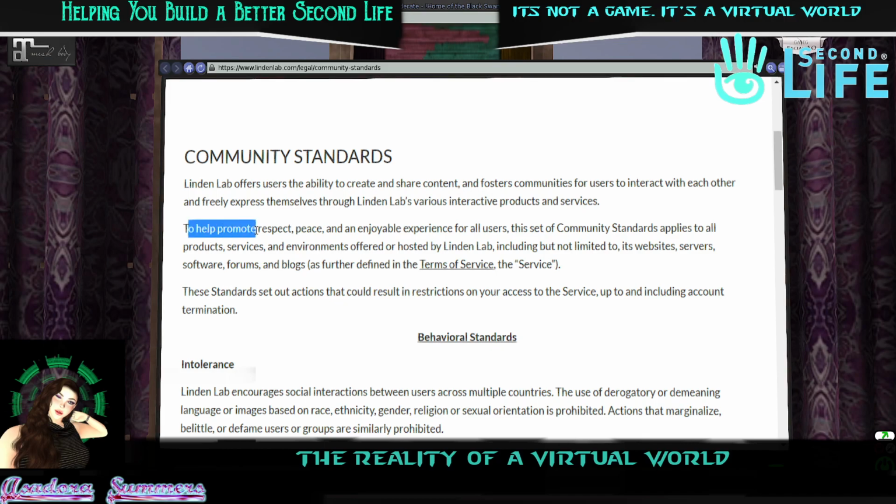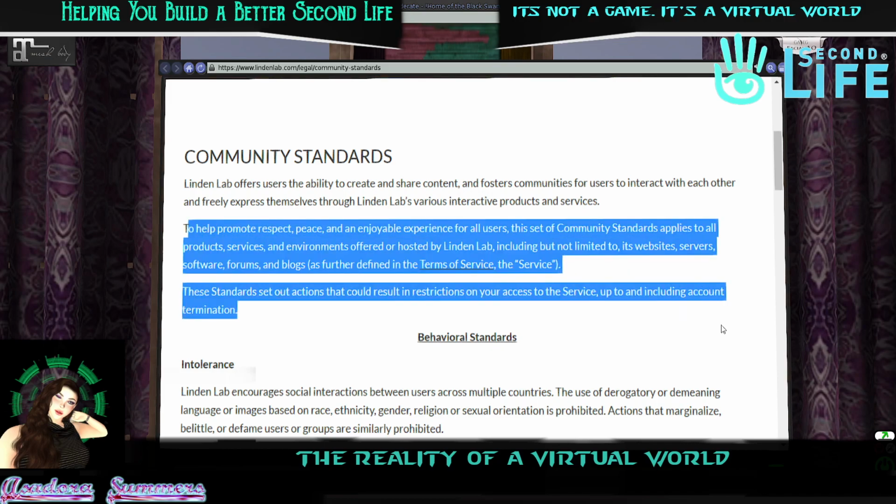To help promote respect, peace, and an enjoyable experience for all users, this set of community standards applies to all products, services, and environments offered or hosted by Linden Lab, including but not limited to its websites, servers, software, forums, and blogs, as further defined in the terms of service, the service. And we went over that in part 1.